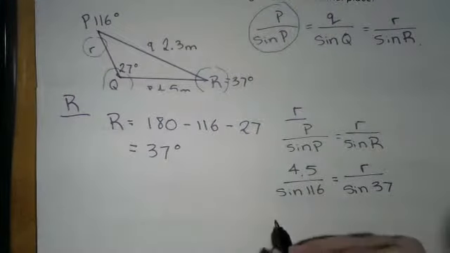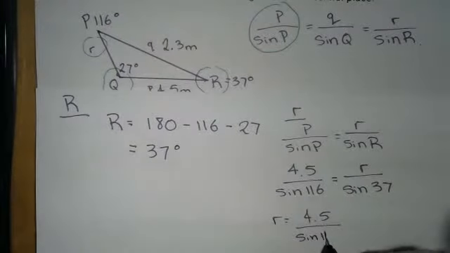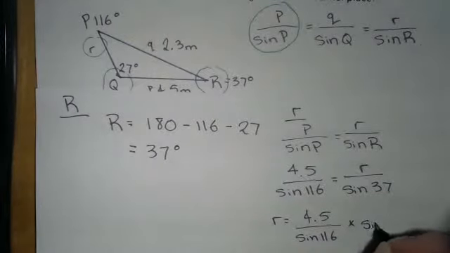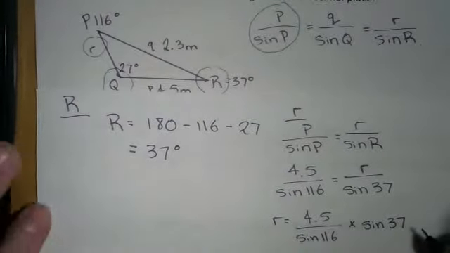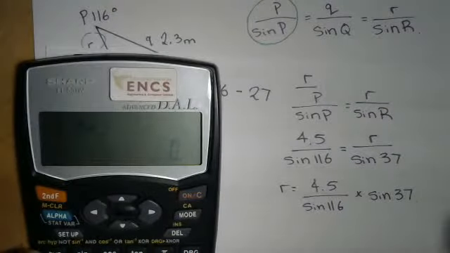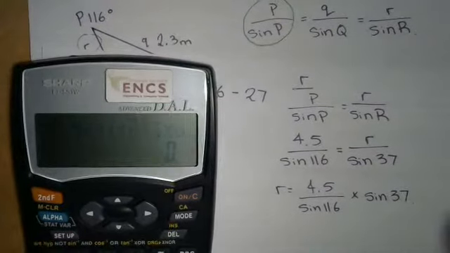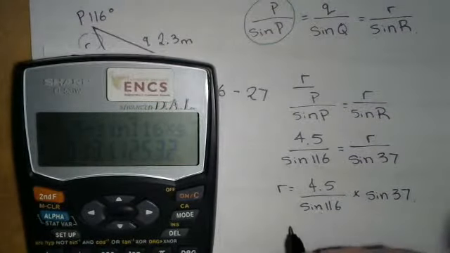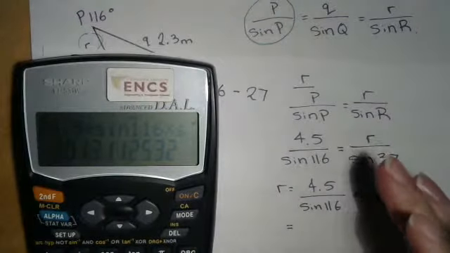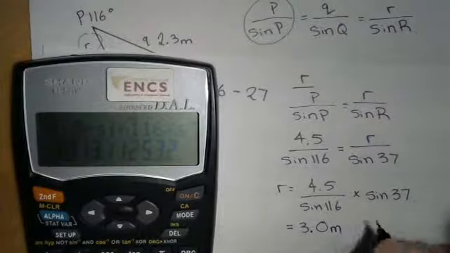Rearrange this for r. So r equals 4.5 divided by sine 116, multiplied by sine 37. We need to calculate that: 4.5 divided by sine of 116, all multiplied by sine 37. And remember, all side lengths are rounded to 1 decimal place. So this is 3.0 meters.